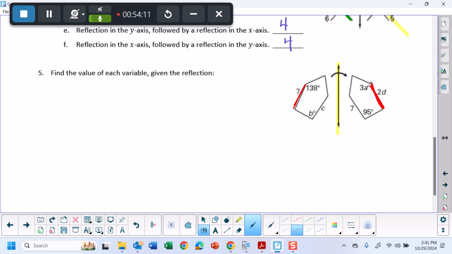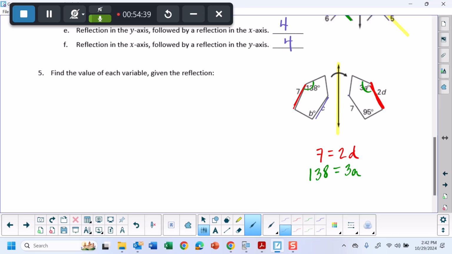So we can ask you lots of questions like solve for D. And you would be justified in setting that up, because if you're told it's a reflection, you know it's isometric. If it's isometric, then the shapes stay congruent. Same size, same shape. So corresponding angles are going to have the same measure. So you know that 138 is equal to 3A.